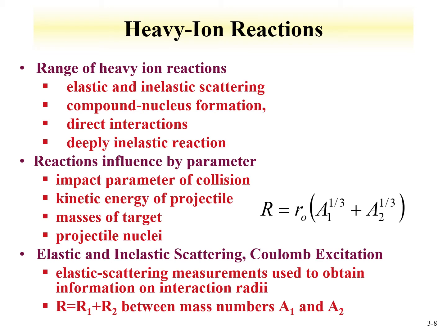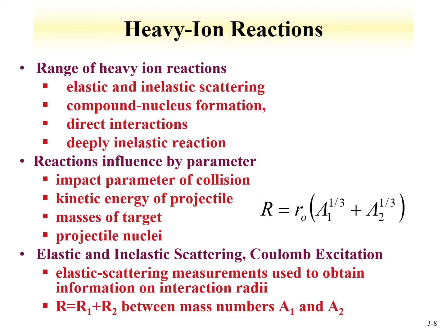One of the main differences between a heavy ion and a light ion like a proton is that the heavy ion during the reaction can donate some of its nuclear matter to the reaction, whereas a proton is either all or nothing. These reactions are influenced by the reaction parameter, which is a function of this impact parameter.